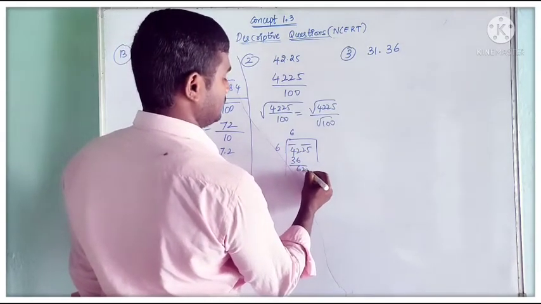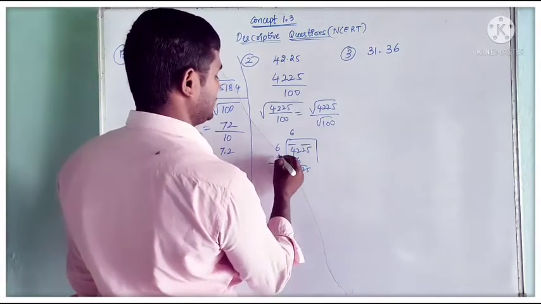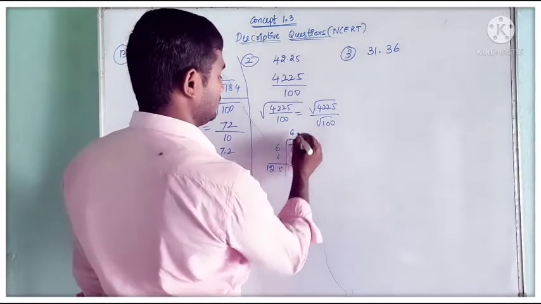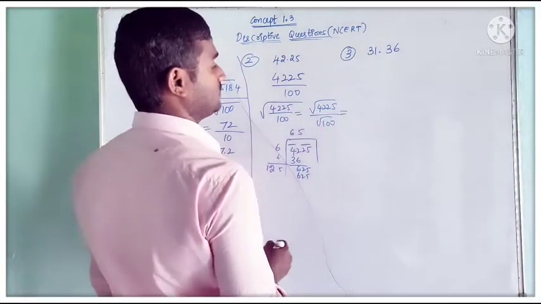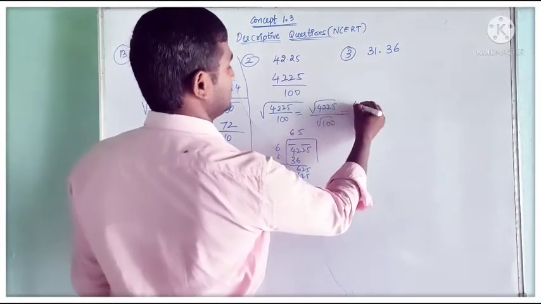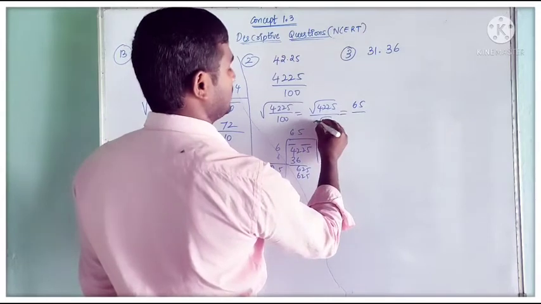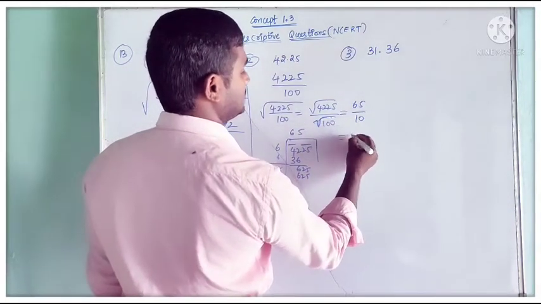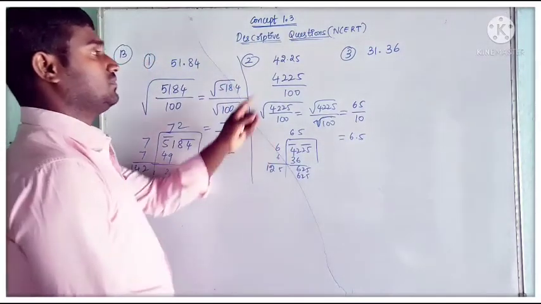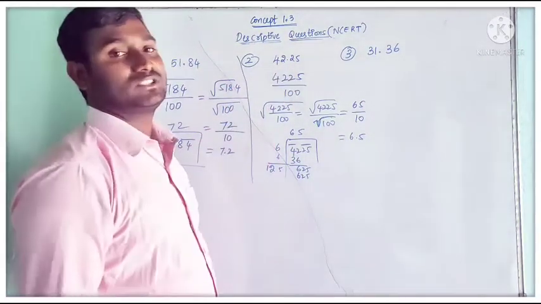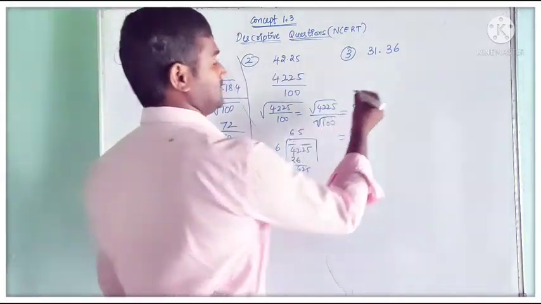Again 625. Add 6 here, 6 plus 6, 12. So 125 into 5 is 625. So the square root of 4225 is 65. And the square root of 100 is 10. 65 by 10 is equal to 6.5. So the square root of 42.25 is 6.5.